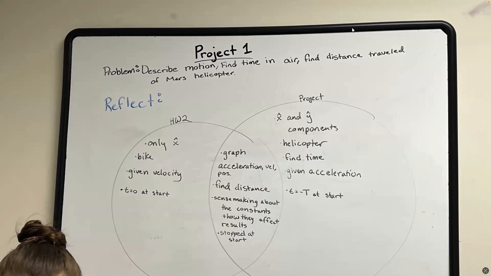In addition, in the bicycle problem, the velocity of the bicycle is known and described as a function of time, while in the helicopter motion problem, the acceleration of the helicopter is known and described as a function of time. In addition, in the bicycle problem, the distance between traffic lights is solved, while in the helicopter motion problem, the time spent in the air and the distance before landing are solved.